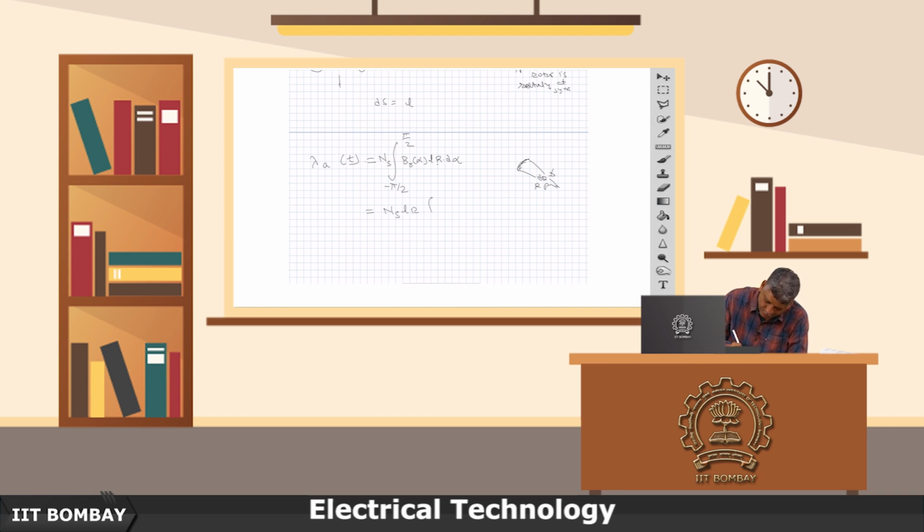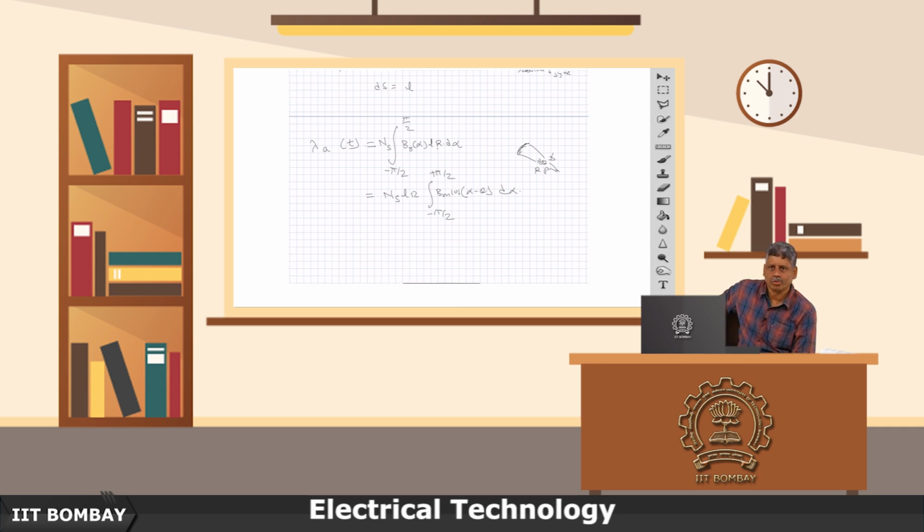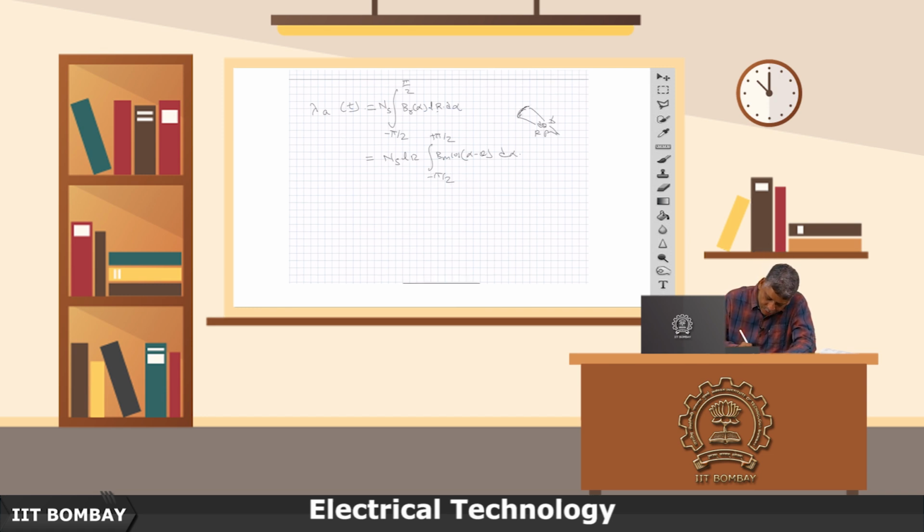So this is Ns LR, and then Bm cos of alpha minus theta d alpha from minus pi by 2 to plus pi by 2, and then this will be written as Ns LR Bm sin of alpha minus theta from plus pi by 2 to minus pi by 2.